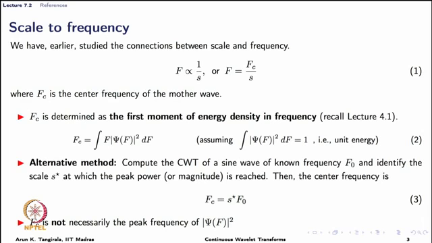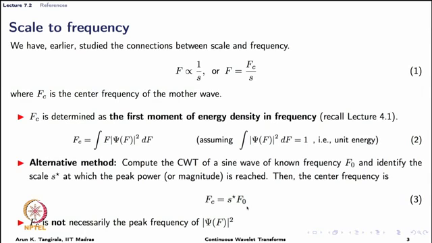An alternative method of determining the center frequency is to take a sine wave or a cosine of known frequency and evaluate the continuous wavelet transform with the wavelet for which you want to find the center frequency, and then determine the scale at which the CWT reaches a peak or the wavelet power reaches a peak, both are equivalent. Then the center frequency is calculated as given in equation 3: it is S star times F naught.